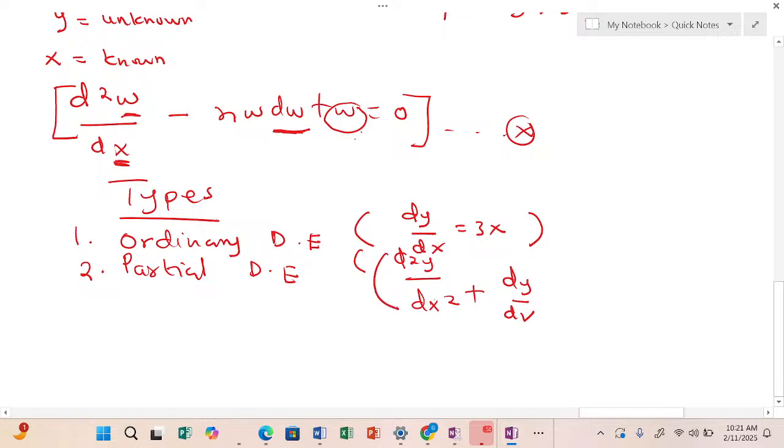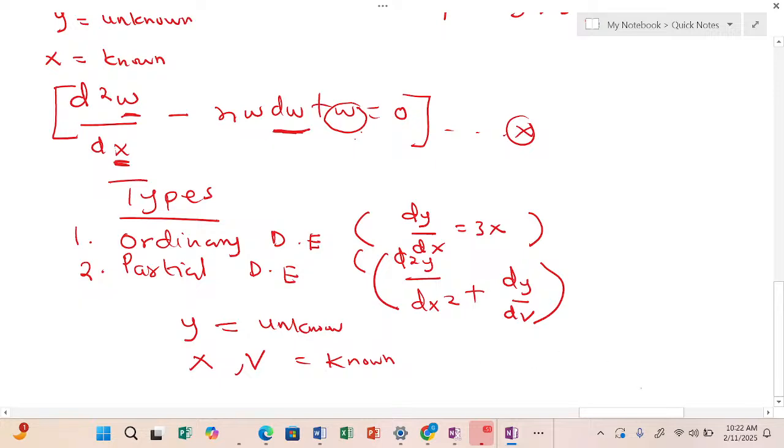When we look at this example, we can see that the unknown variable is y, but the number of known variables is 2, which is x and v. So y is the unknown variable, and x and v are the known variables. In this instance, we call this a partial differential equation.